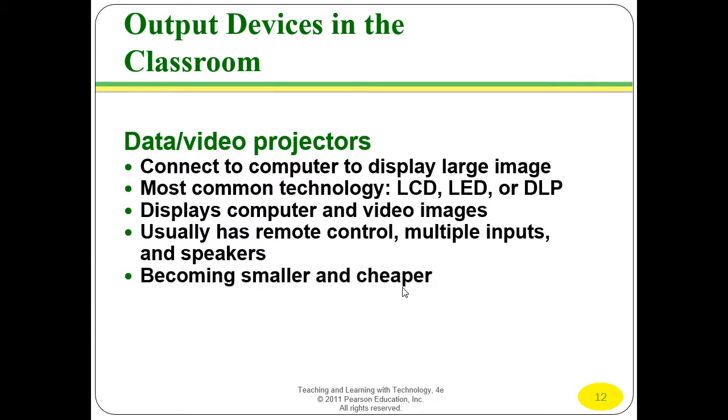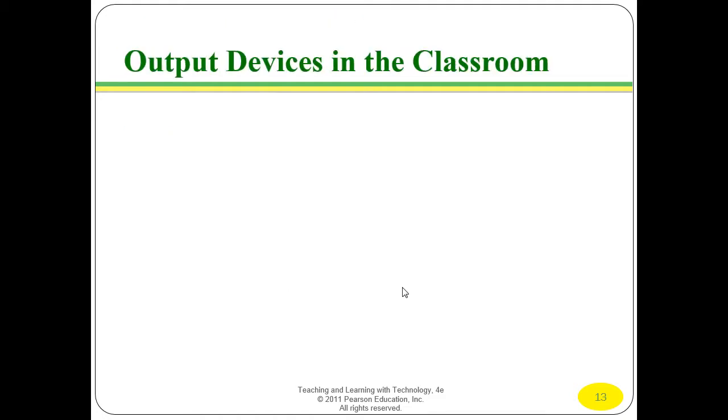And they are becoming smaller and cheaper every day. In fact, I can remember one of the first units that we got at our school ran us about $6,000-7,000 for this thing. And now we don't even use it anymore because it's so old and so out of date.